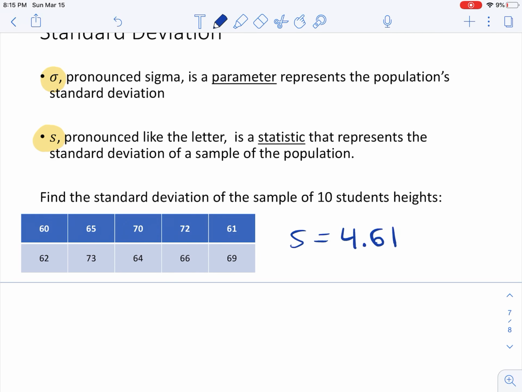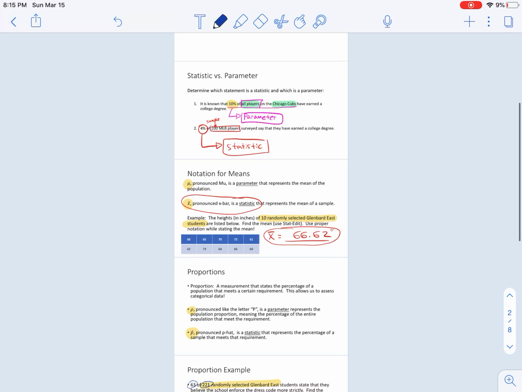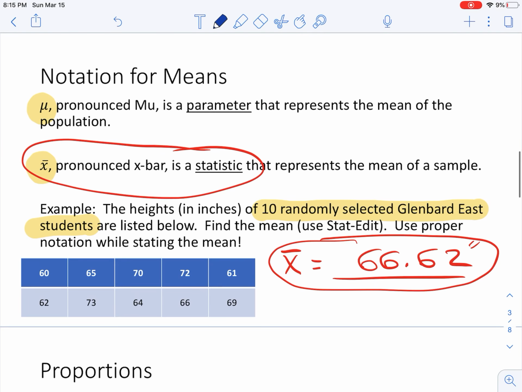So to recap, because that's the end of this lesson, we found out that when we're talking about a mean, and these things are all going to come back in our hypothesis test, mu represented the population mean, where x bar represented the sample mean.